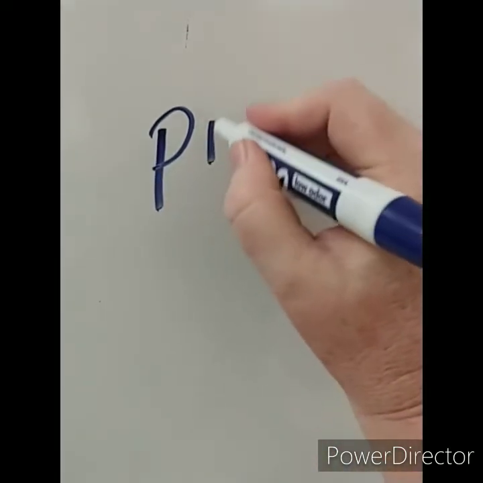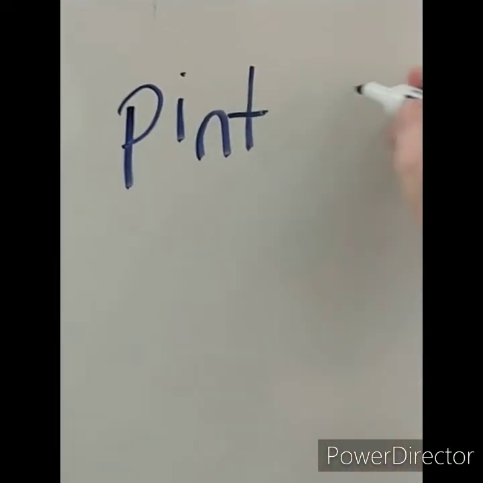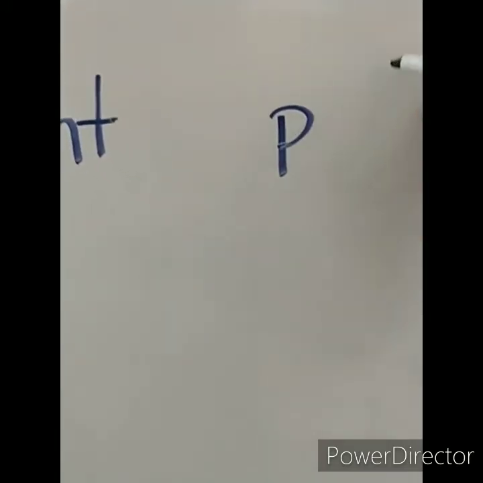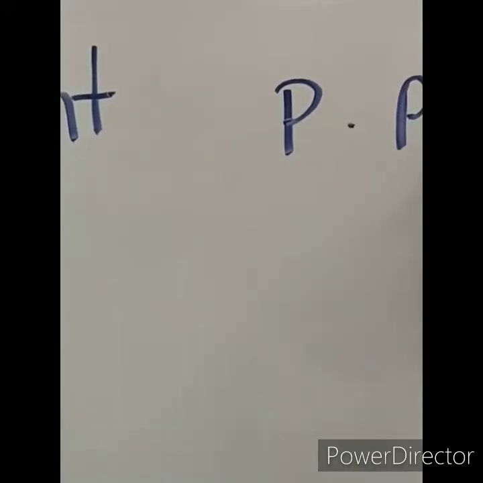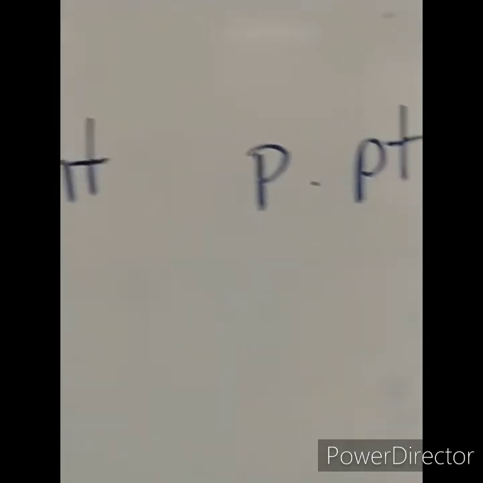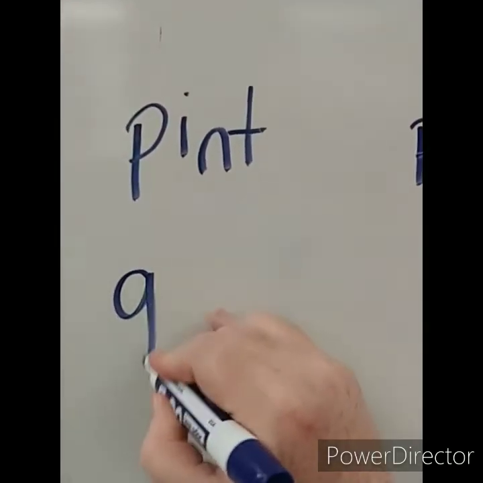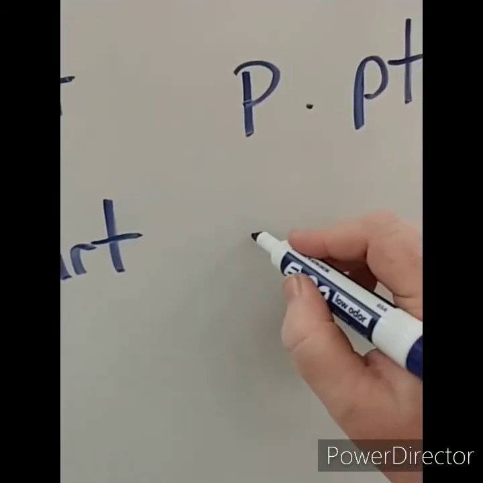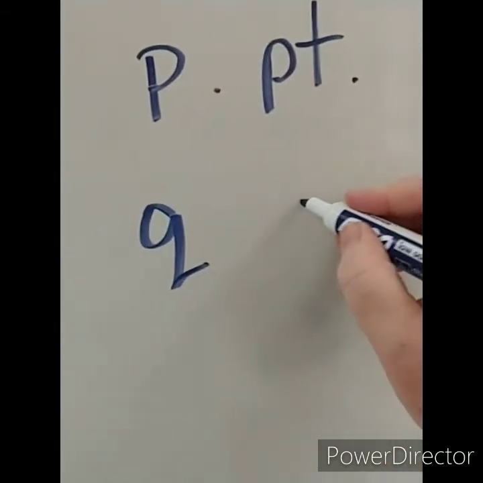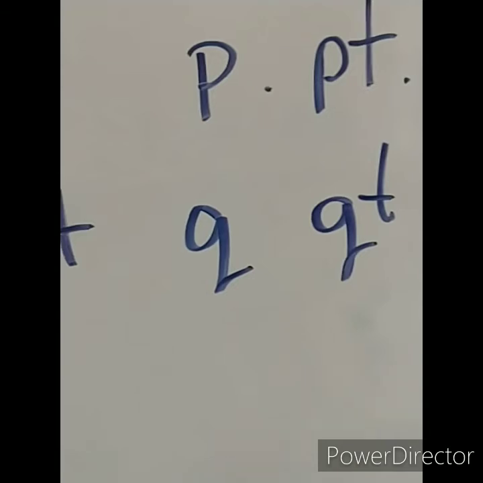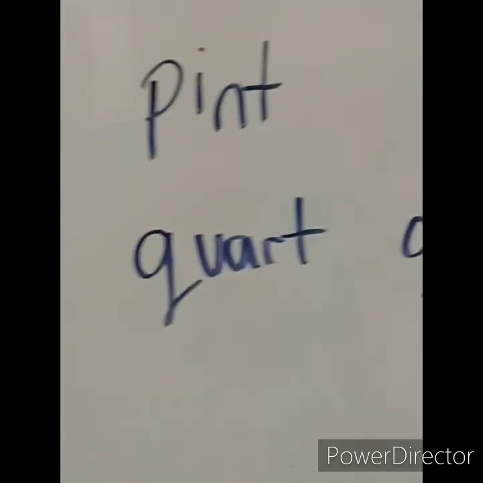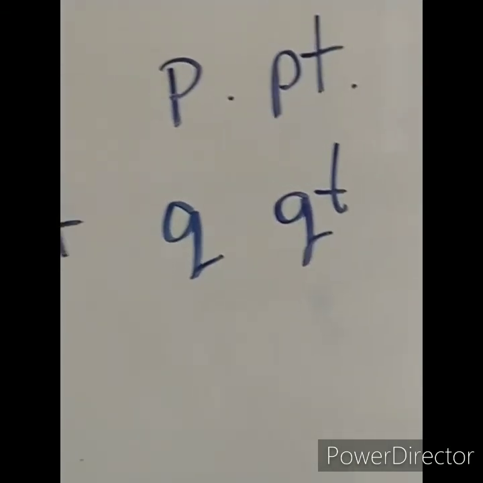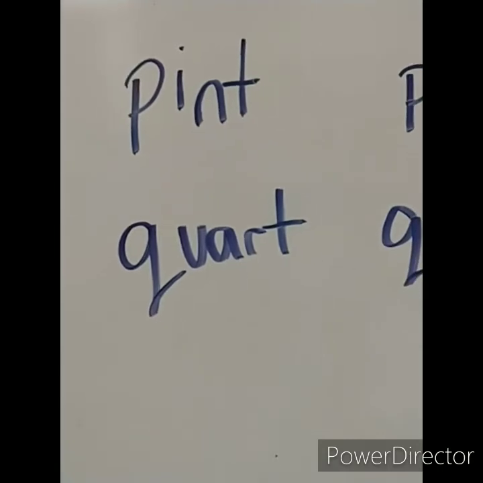Now, two more abbreviations of standard measurement that you might come across are the abbreviation for pint, which can be P or PT or something along those lines. Got to look out for those. And the abbreviation for quart, still liquid measures, which can be Q or QT or something else with less letters than the original. That's what abbreviations are all about.